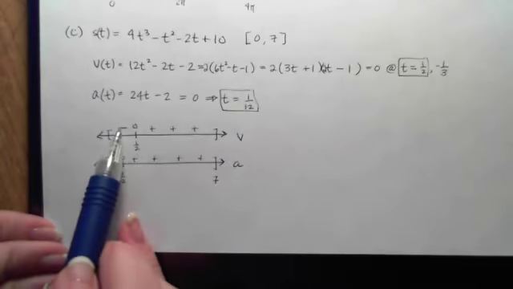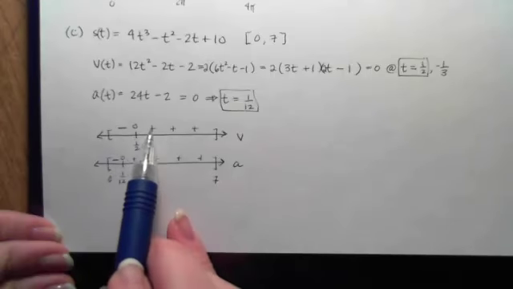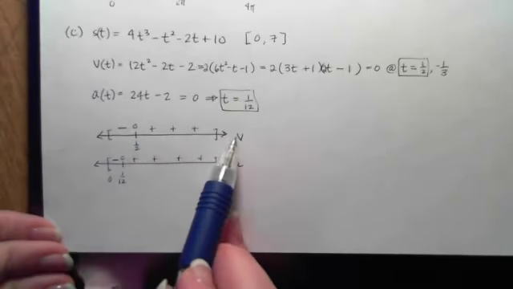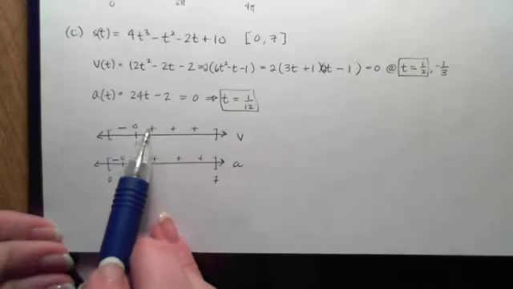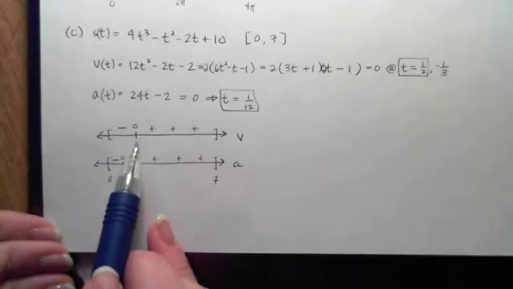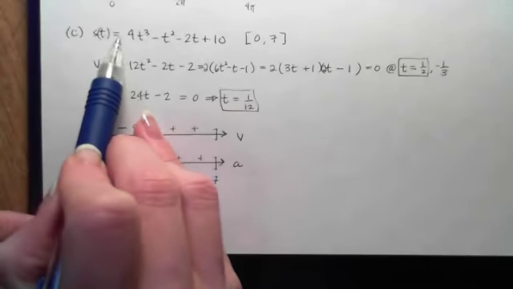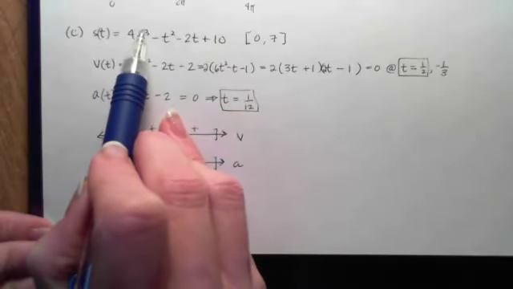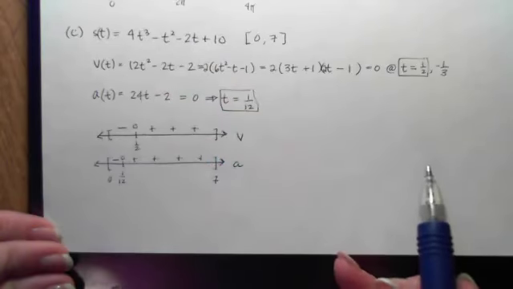We will start out moving left, then we'll stop, then we'll move to the right. And because v was changing from negative to positive, my minimum position will occur at a half. I can find out what the minimum position is by taking that half and plugging it into the position function. If I do that, I get out a 9.25.